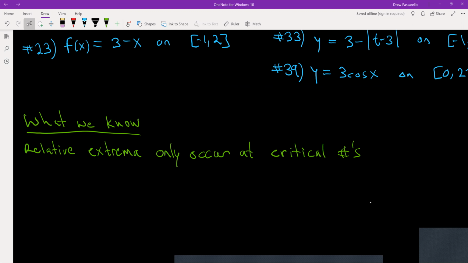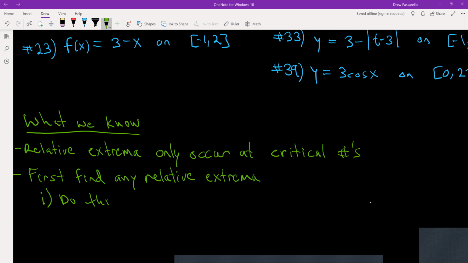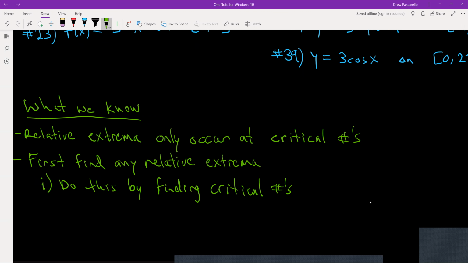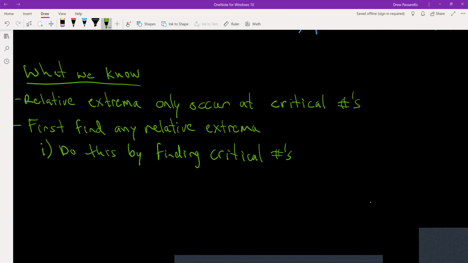So what we're going to do is first determine if there are any relative extrema, and I do this by finding the critical numbers. After you get the critical numbers, you find the y coordinates that correspond to these by plugging into the original function.